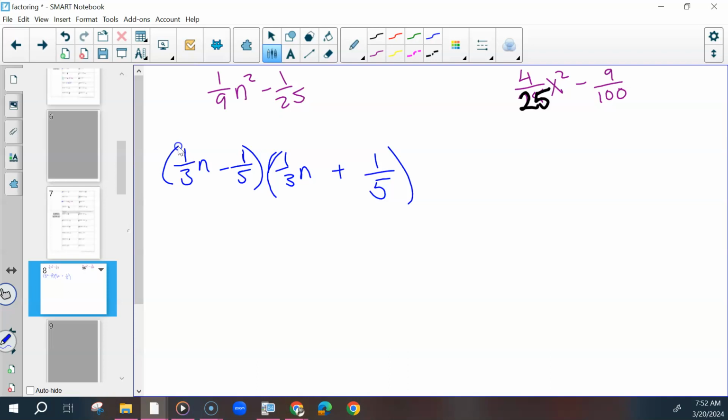I'm trying to remember something else from this if I need to change that again or not. Alright, so then how would we write this one?